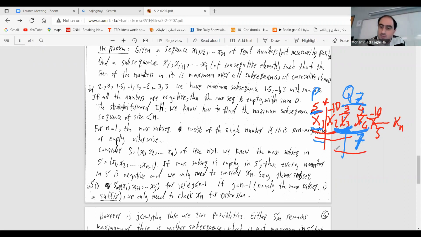Now I need to say what is the maximum sequence that ends at x5. x3 plus x4 plus x5 would be -3. Instead, I can just take the empty set, don't do anything. That would be 0.